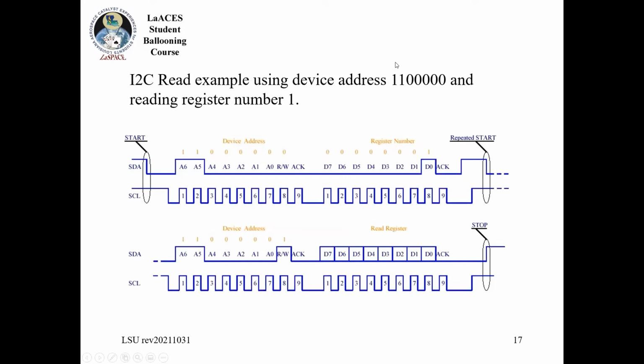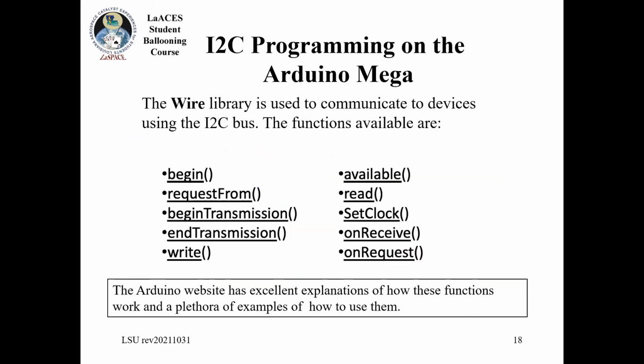If we are trying to do a read on a device with this address, you would send this sequence of bits, right? And then you would send this data here. I don't think that's particularly helpful without knowing what this device is and what it's supposed to be doing. But that's just to give you the idea.